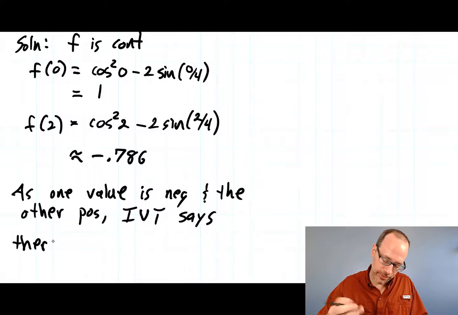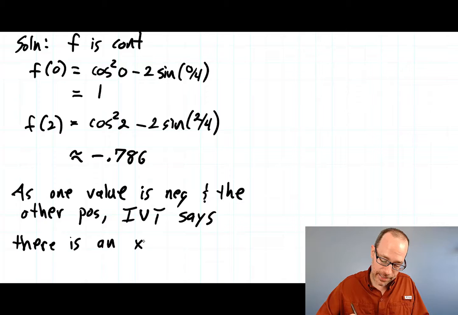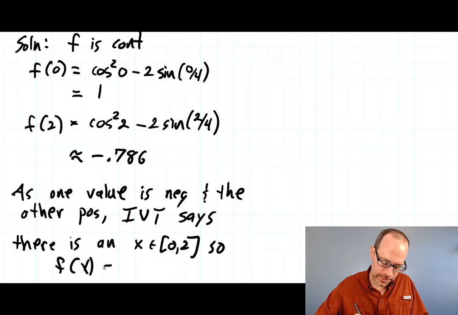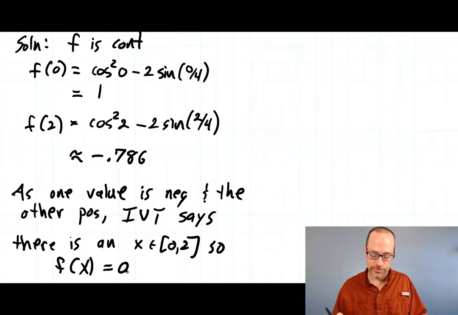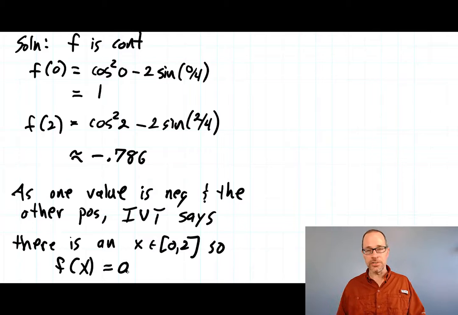Actually, it's a corollary. Well, it's the intermediate value theorem. There is an x somewhere between 0 and 2, so that f of x is 0. In other words, that function has a 0 somewhere between 0 and 2.